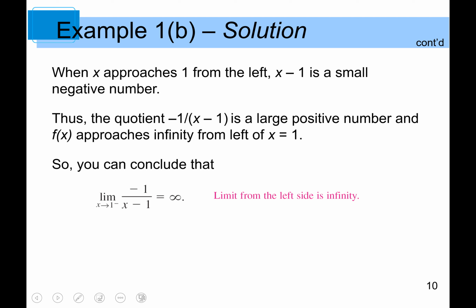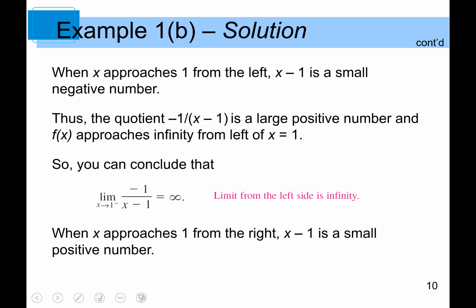Similarly, for the second example, the quotient of -1 over (x - 1) is equal to positive or negative infinity, right? From the left hand side it's positive infinity, from the right hand side it's negative infinity.